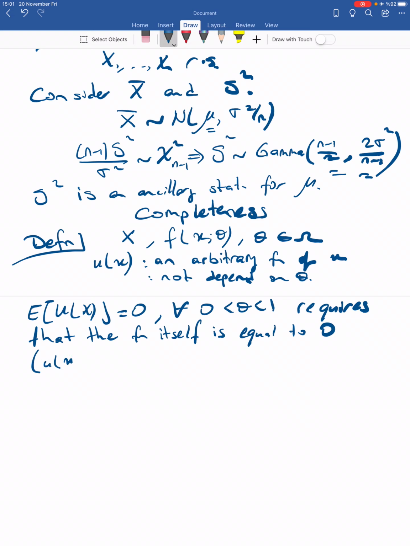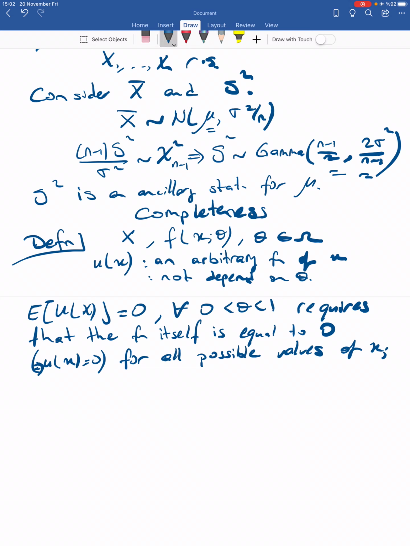Okay, u(x) equals 0. What we mean by that is u(x) itself is 0 for all possible values of x. Then we say that this family of the PDF belongs to the complete family of PDFs.